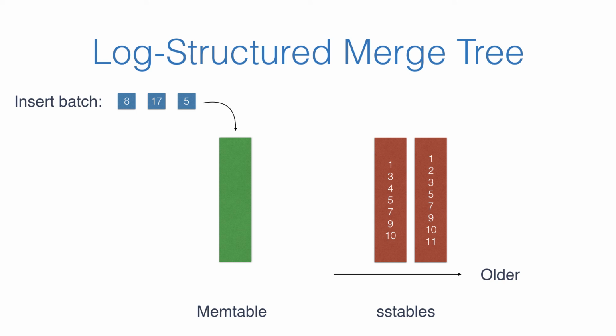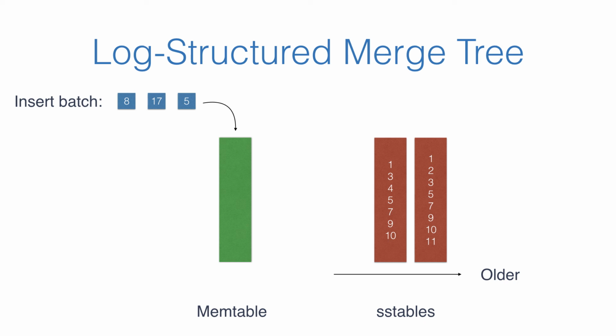An LSM consists of a mem table, which always lives in memory, and a bunch of SS tables that are old mem tables that have been sorted and written to disk. Both mem tables and SS tables are just lists of data which are sorted.